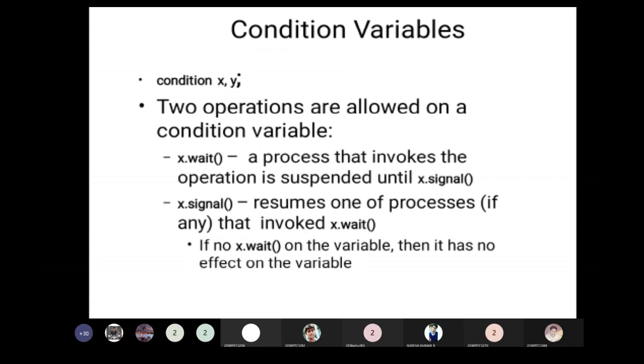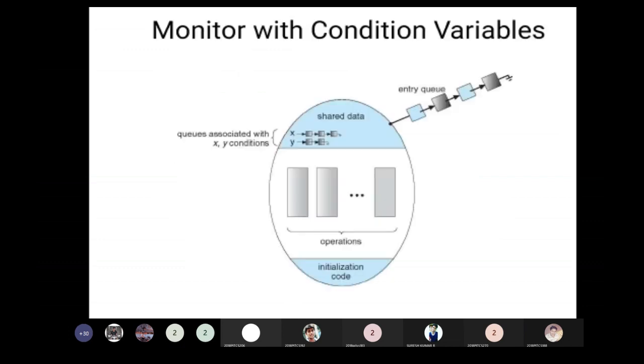Similarly, X dot signal resumes one of the processes which has executed X dot wait. If no process is waiting on the variable, then the signal operation has no effect on that variable. Now, using the condition wait and signal variables, the diagram of the monitor is shown here.